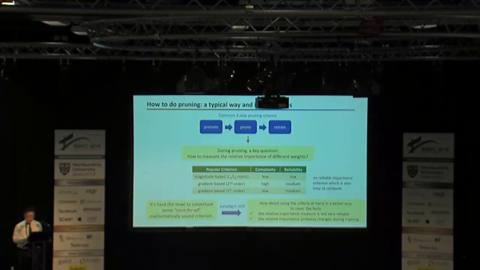The literature has proposed several measures, such as L1 or L2 norm, or first or second order gradients. It is hard to conjecture a once-for-all mathematically sound criterion because, first, the relative importance measure is not very reliable, and second, the relative importance probably changes during training.